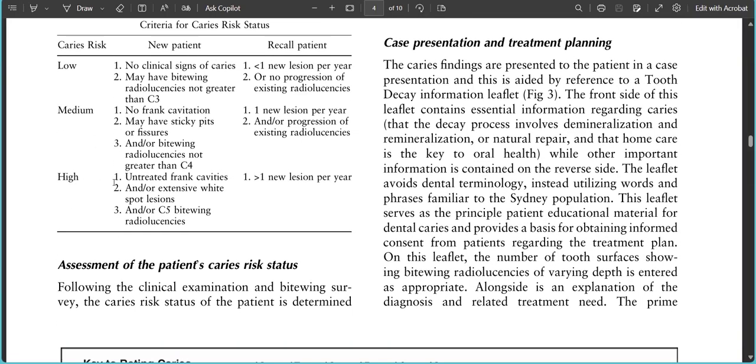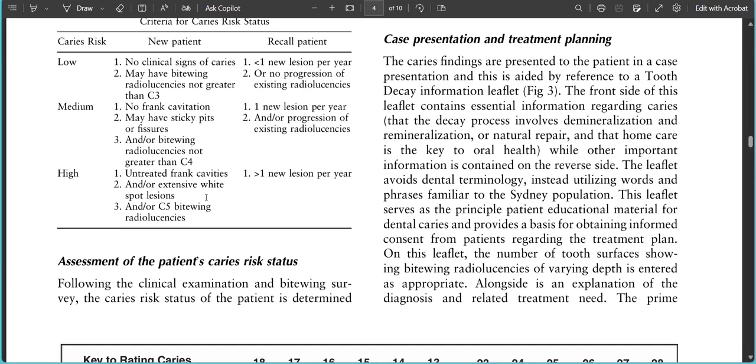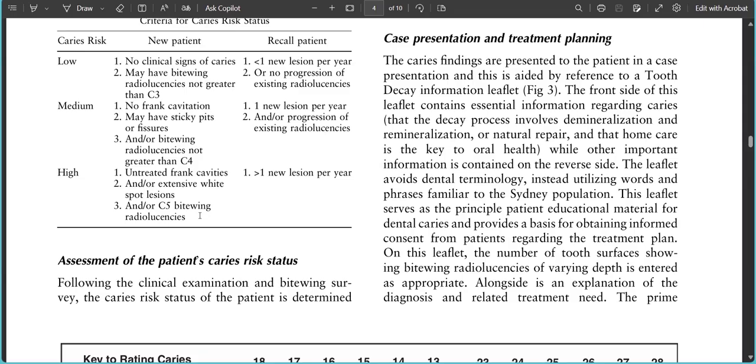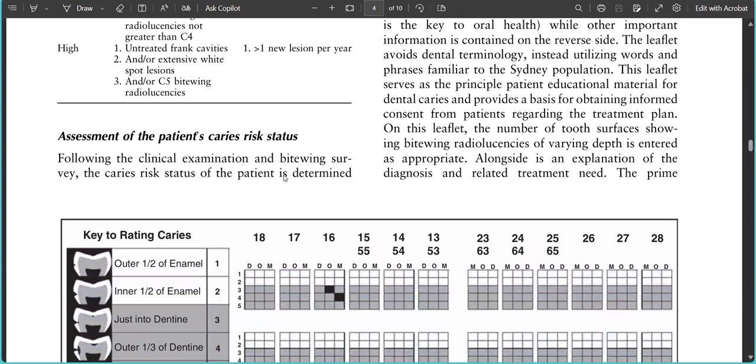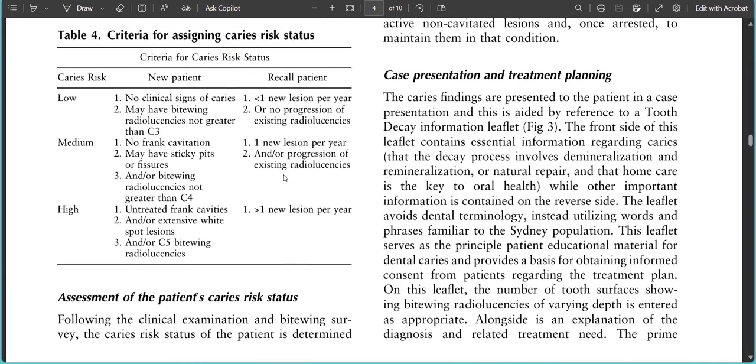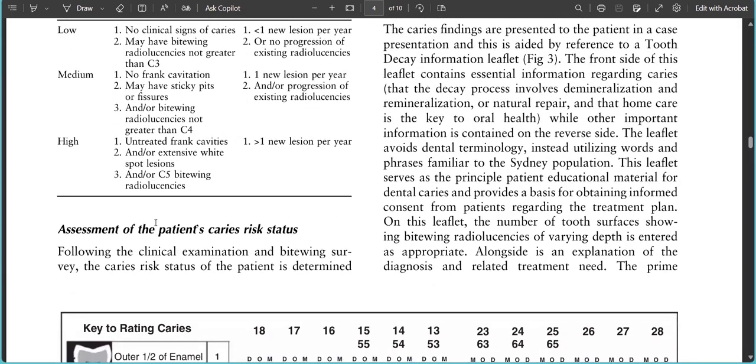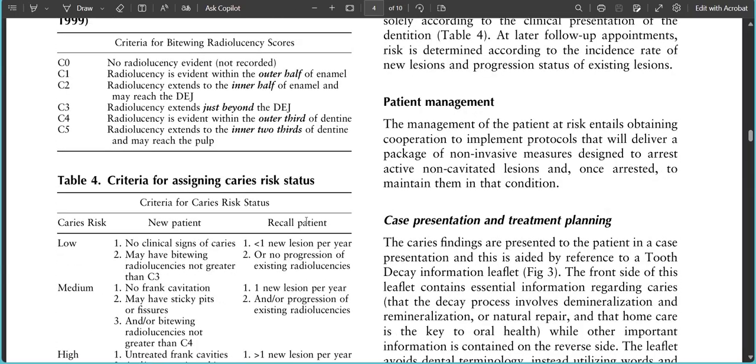With high risk, they have untreated frank cavities, extensive white spot lesions, or C5 bite wing lesions. And for the recall patient, if they have more than one new lesion per year, then they will be considered high risk.